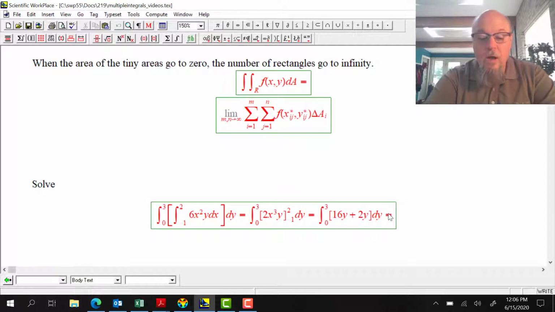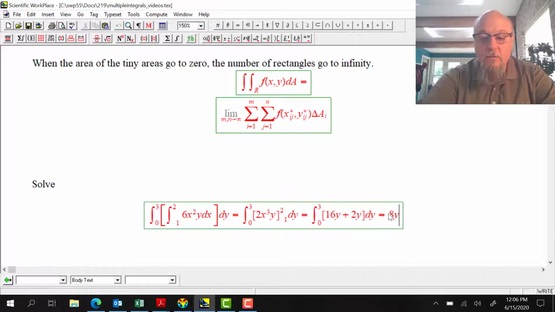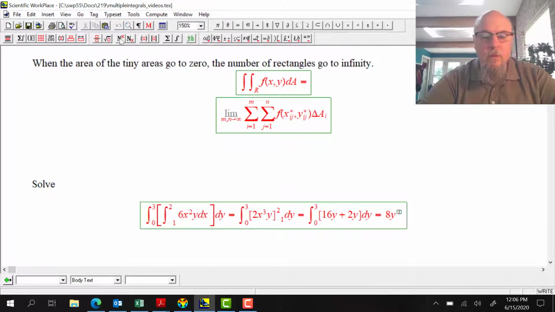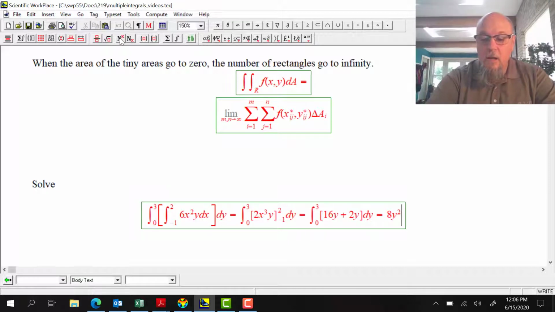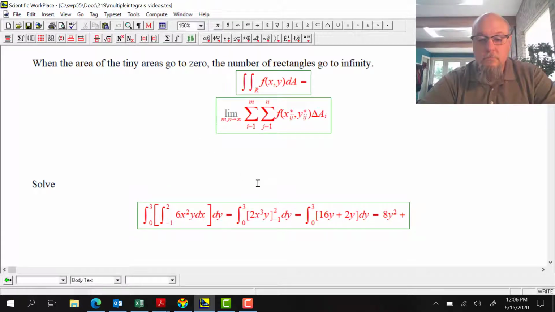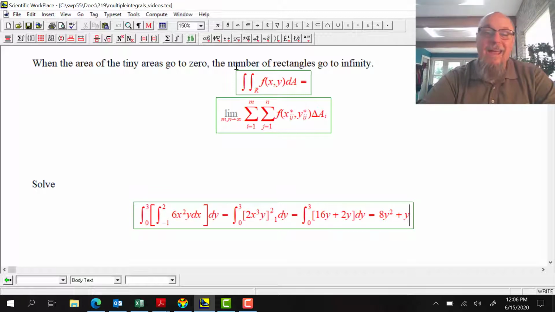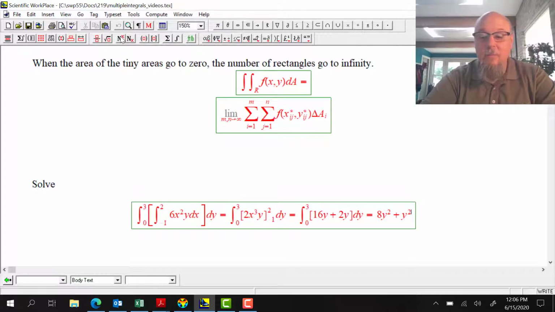So 16y, that's going to be 8y squared. Add 1 to the exponent, divide by what's up top. Plus 2y, that's another y squared. And I guess I could have simplified, probably should have, that 16y plus 2y, just made it 18y, but I didn't. I can add it up now to be 9y squared, same difference.